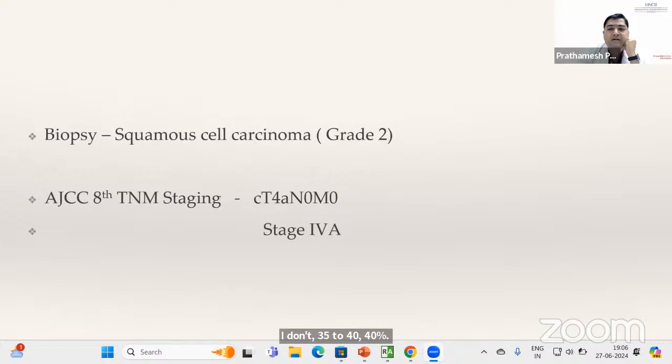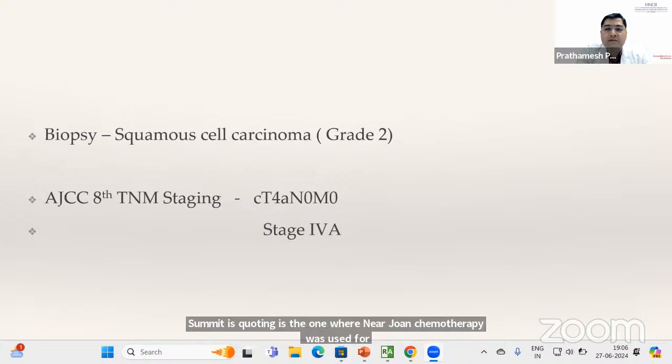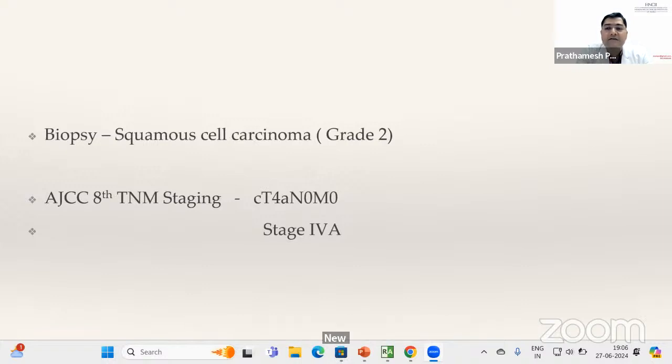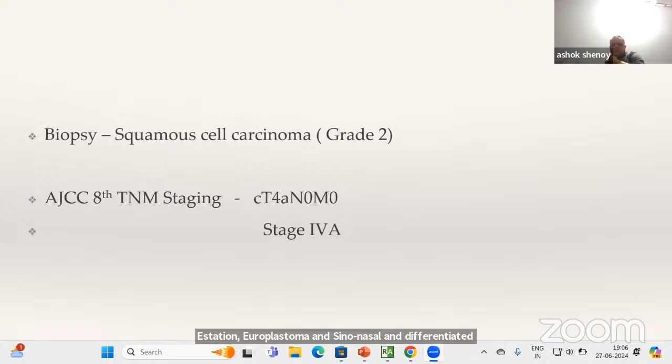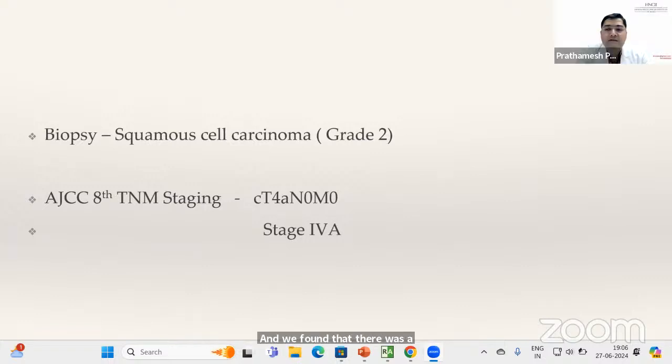So, Dr. Shenoy, sir, we have used neoadjuvant chemotherapy in various settings. Right. So the paper Sumit is quoting is the one where neoadjuvant chemotherapy was used for neuroendocrine tumors, esthesioneuroblastoma, and sinonasal undifferentiated carcinoma. And we found that there was a 78% response rate, and most of those patients who were responders became operable.